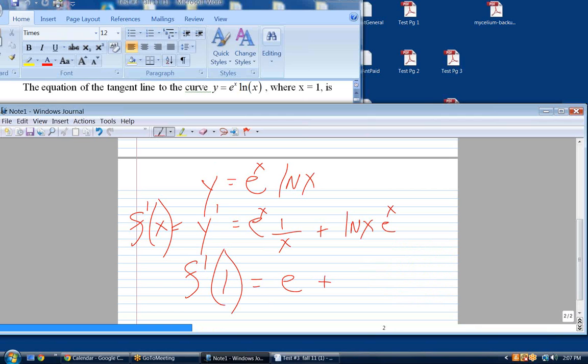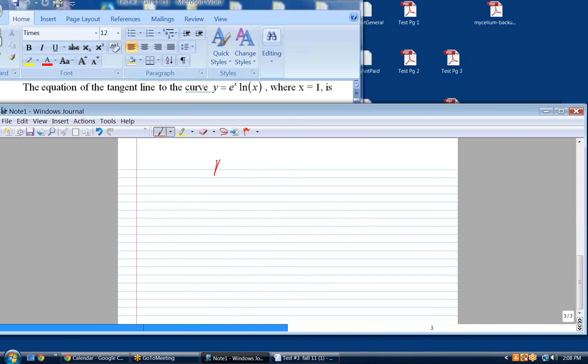So f prime of 1 equals e, which means the slope of this function is e. Let's use the point slope formula. What's the general point slope formula?